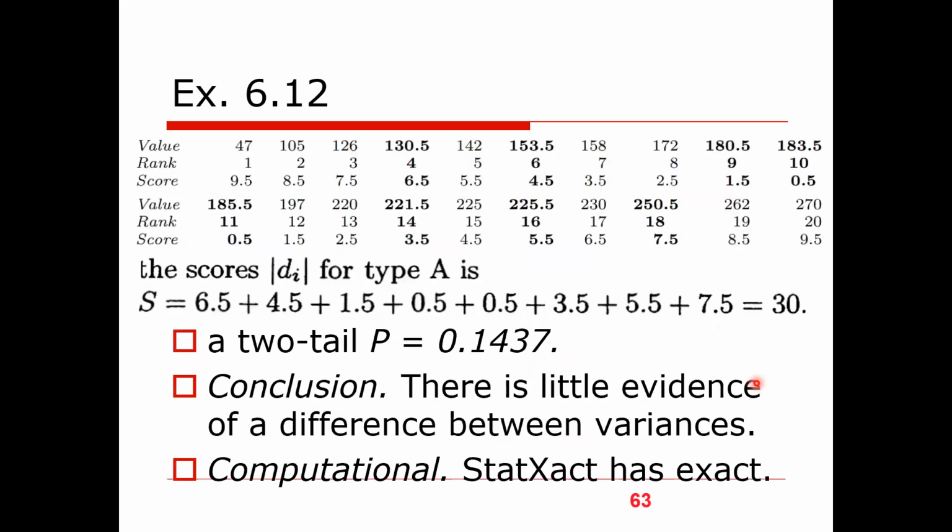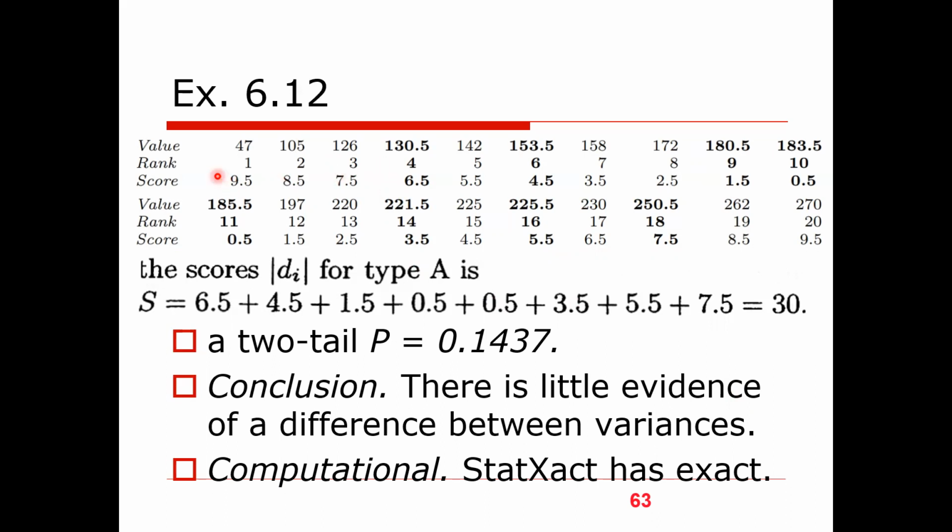So example 6.12, we still use the two-type tire failure data in the previous example. Then let's see how to use this AB test.